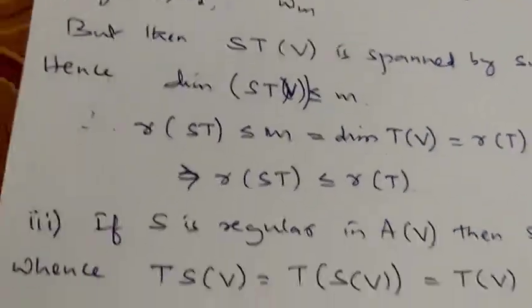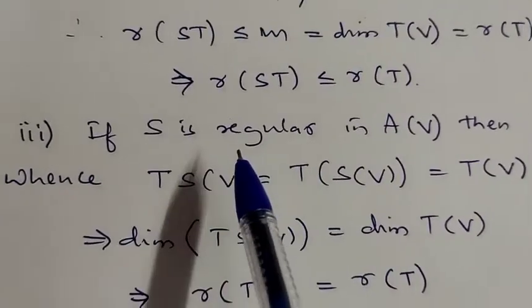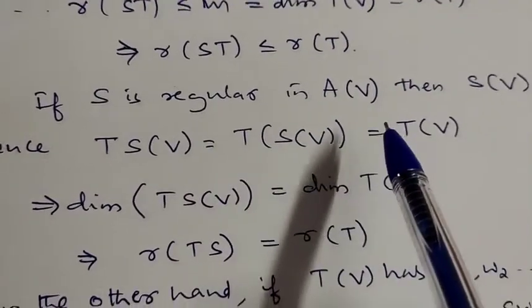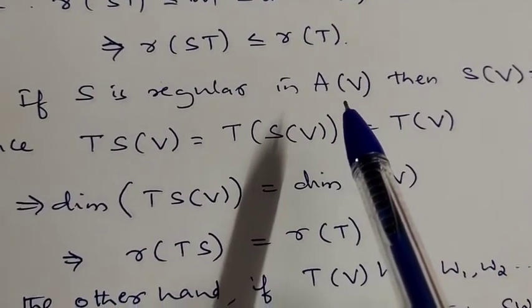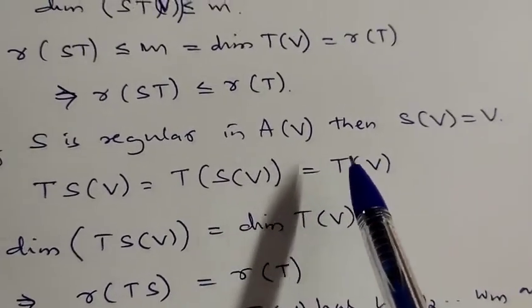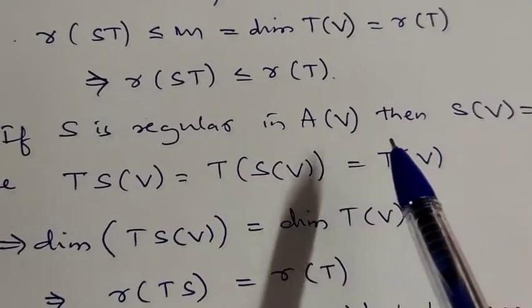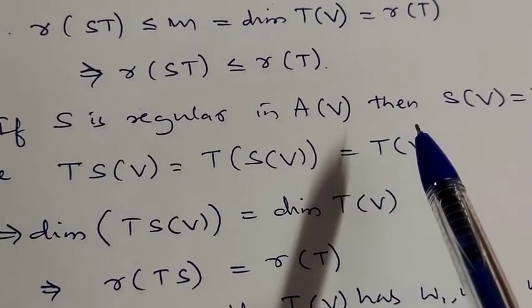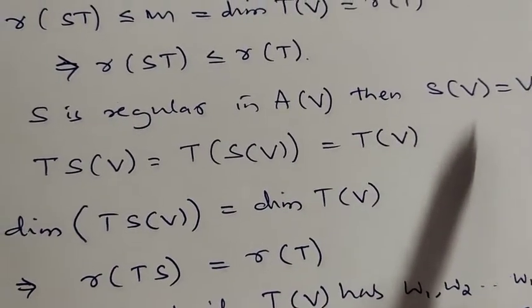So let's come to the third condition. If S is regular in A of V, S is regular means S inverse exists. Inverse for S definitely exists. Then if S is regular, what will happen? It is onto. S is regular if and only if it is onto, we have proved this result. Therefore it is onto means S of V is equal to V itself.